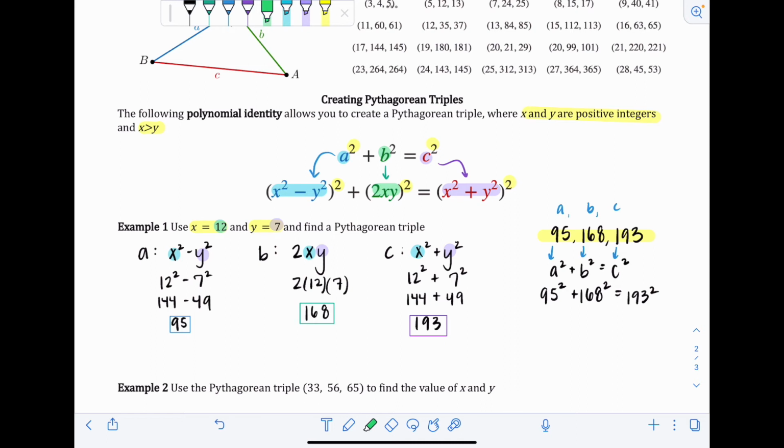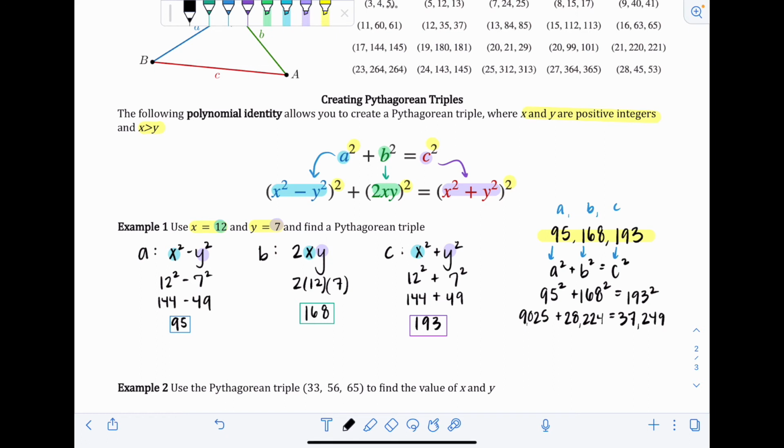So 95 squared is 9,025. And then 168 squared is 28,224. And then 193 squared is 37,249.